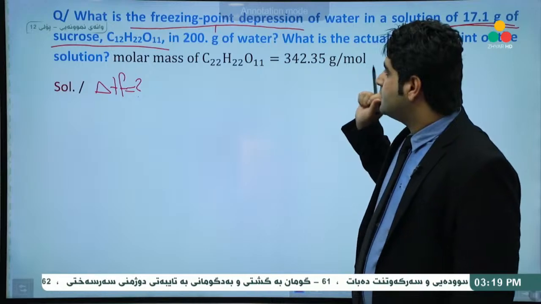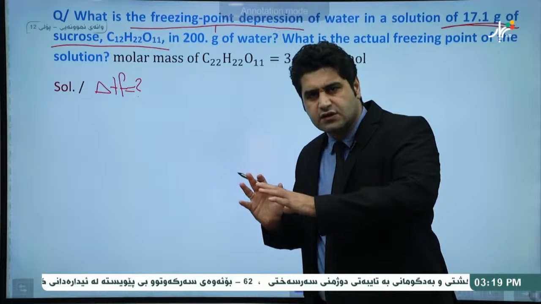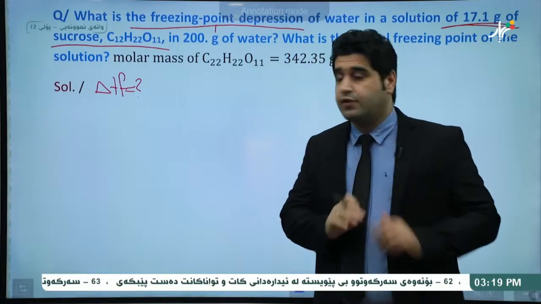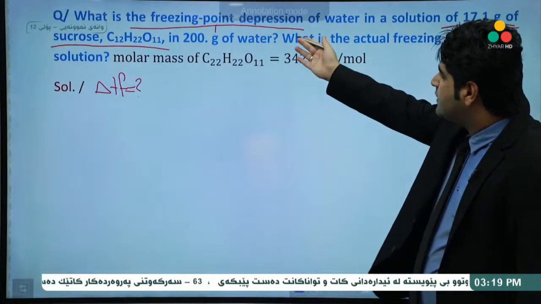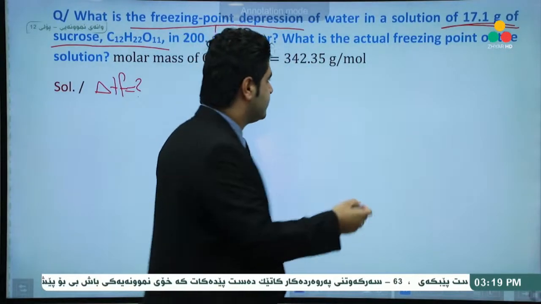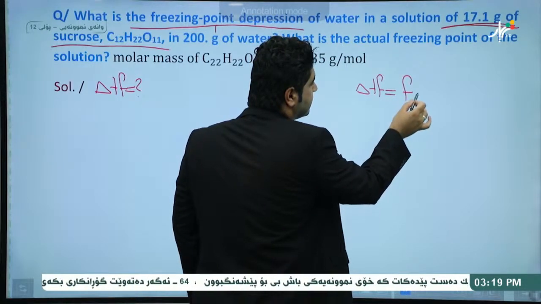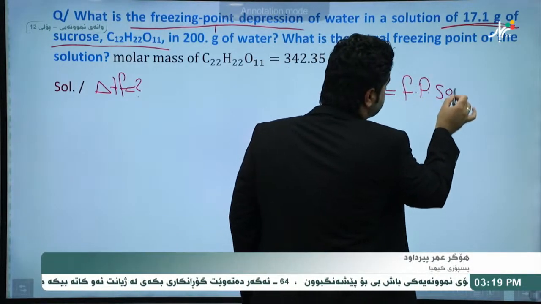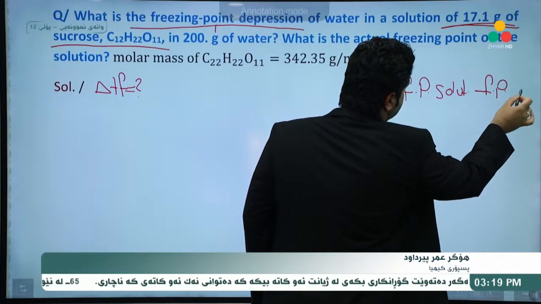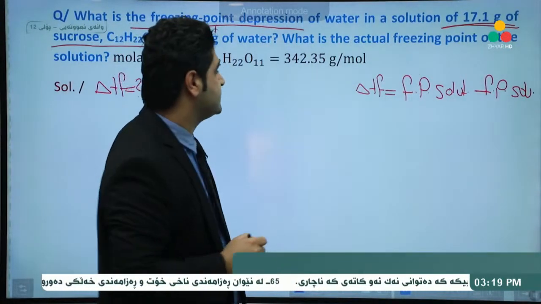The first one, identify whether the question is about boiling point or freezing point. Surely it's about freezing point. Write both equations of freezing point. The first one is delta Tf is equal to freezing point of solution minus freezing point of solvent.